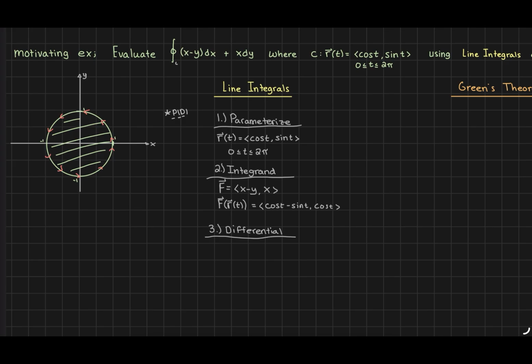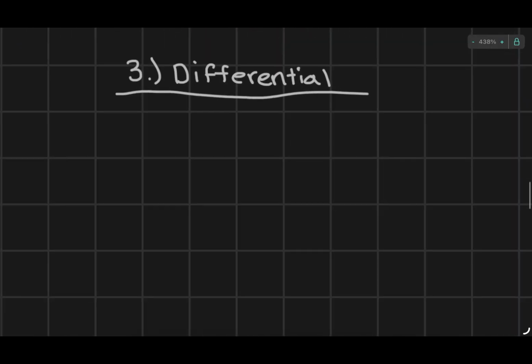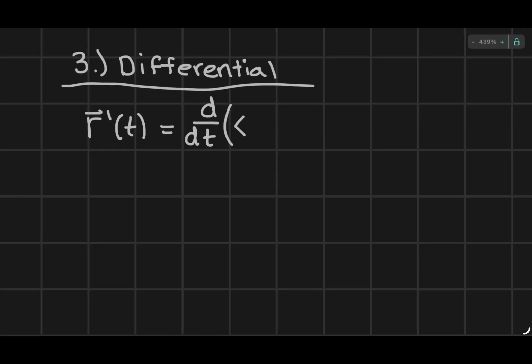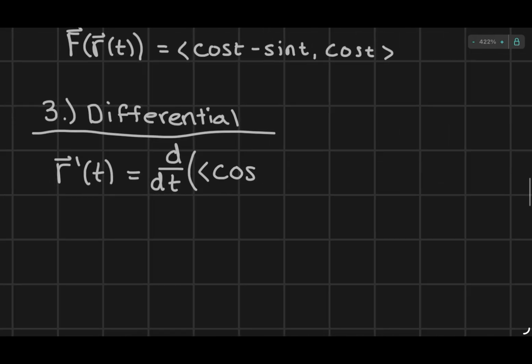The differential for a vector field line integral formula is just going to be the derivative with respect to t of our parameterization. So it's just going to be our r prime of t. And recall that that is just the derivative of our parameterized curve, which is cosine t, sine t, with respect to t.